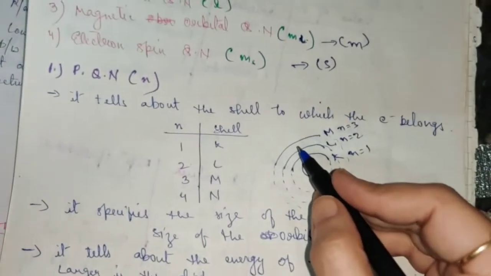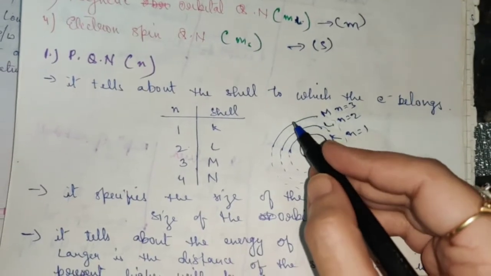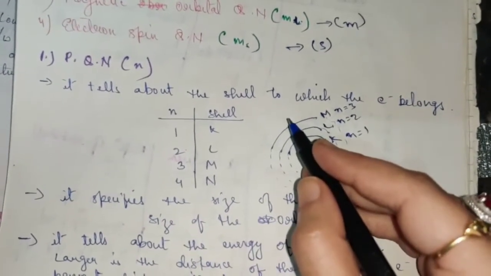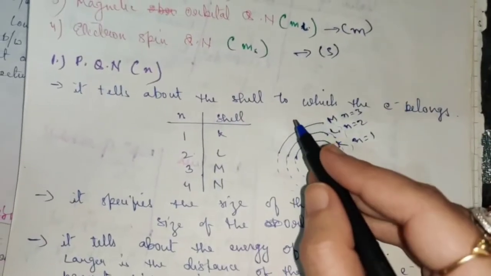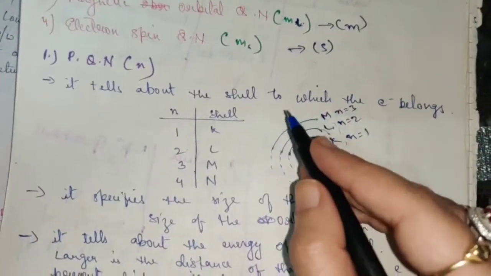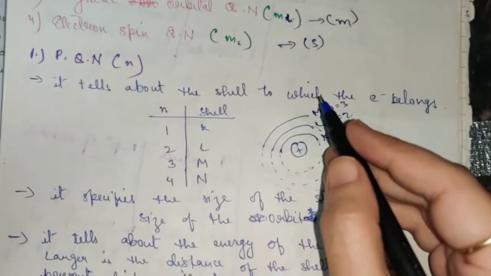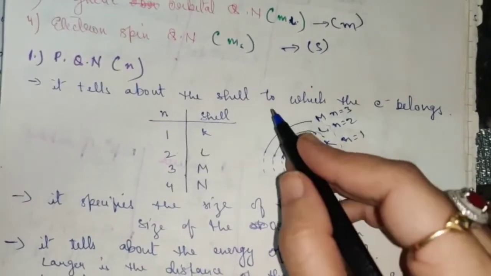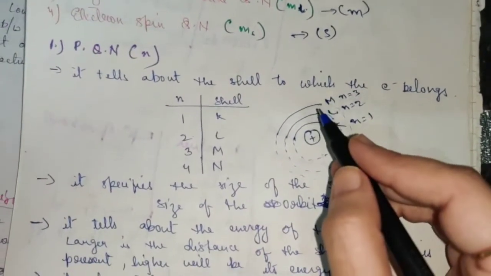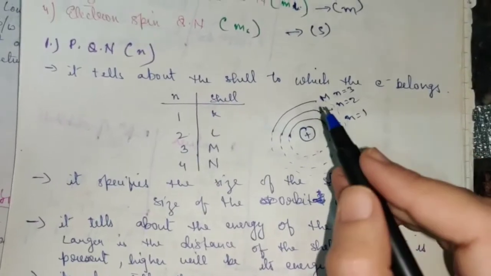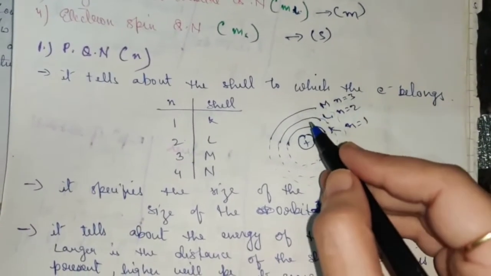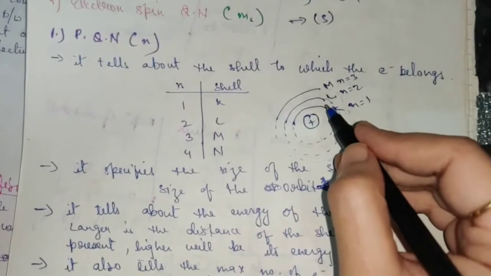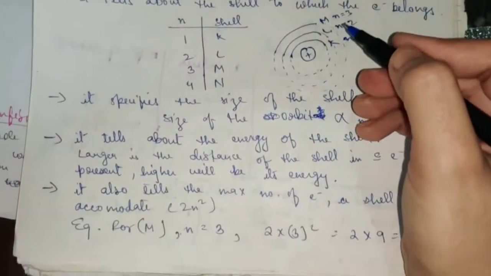And if you remember Bohr's atomic model, I told you the maximum energy of an electron in an atom is equal to 0. And that is in which shell? When the value of n is equal to infinity. So as the value of n increases, the energy will also increase. So you can say that the energy is directly proportional to the value of n, and also the size is directly proportional to the value of n.